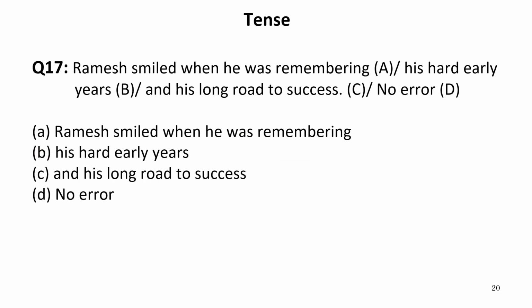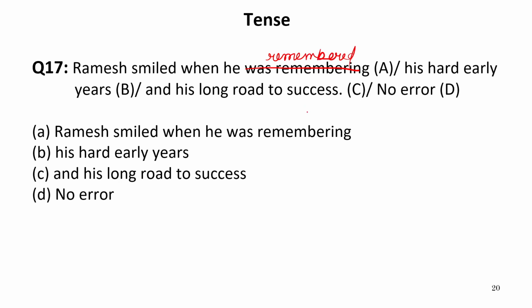Ramesh smiled when he was remembering his hard early years and his long road to success. Now, whenever we have any verb of perception, we cannot make it in ing form. In this sentence, Ramesh smiled when he was remembering. So when he was remembering should be replaced with when he remembered, because this is not temporary.